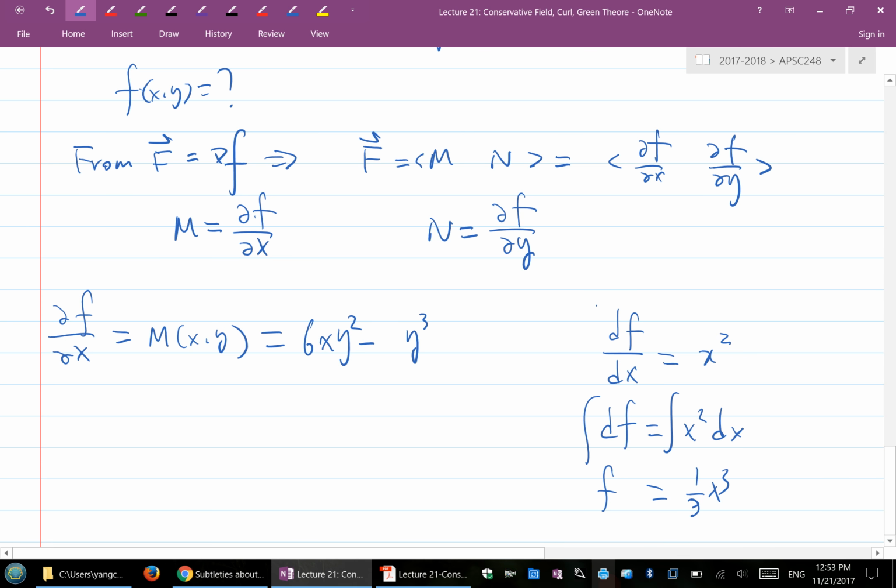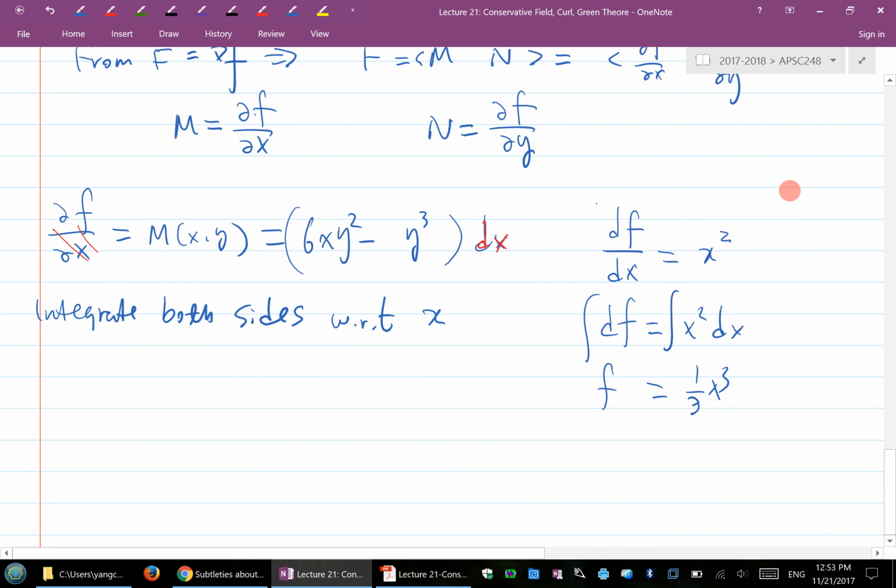So what we can do is integrate both sides with respect to x. It's like making this side dx, and then that dx is gone. You integrate both sides.